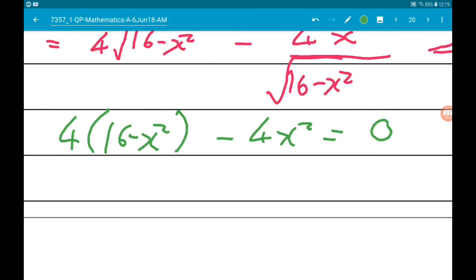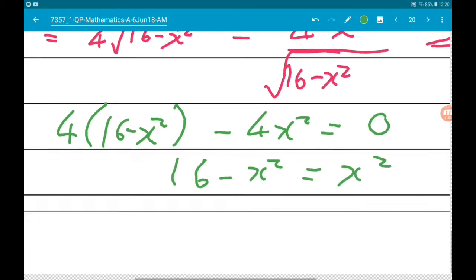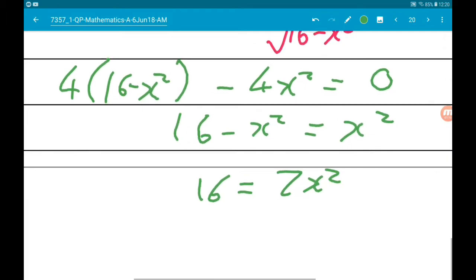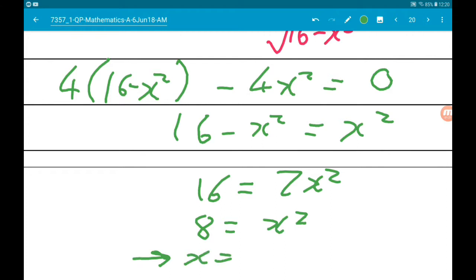So if we add 4x squared and divide by 4, we get 16 minus x squared is equal to x squared. Add the x squared, we know that 16 is equal to 2x squared. 8 is equal to 1x squared. So x is equal to root 8.